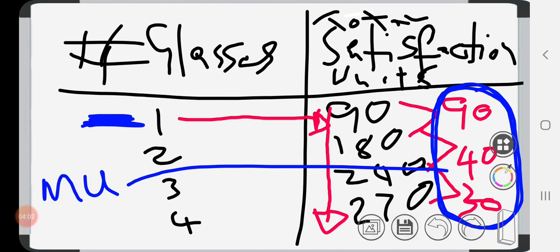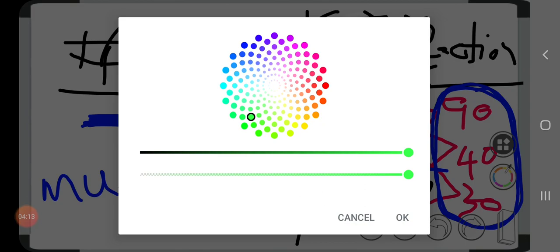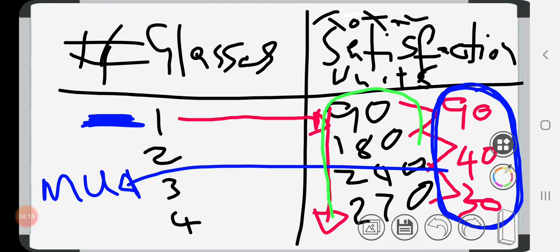It is measuring the extra satisfaction that you are getting, as opposed to what you see here initially. This is just the total satisfaction, right? So it's like your balance. Your balance will keep increasing or decreasing, but it won't increase or decrease at the same rate.